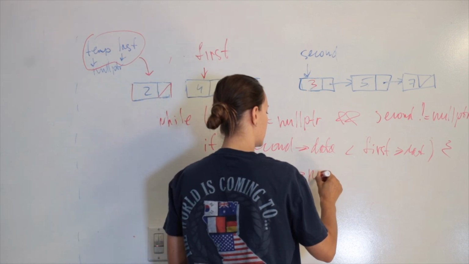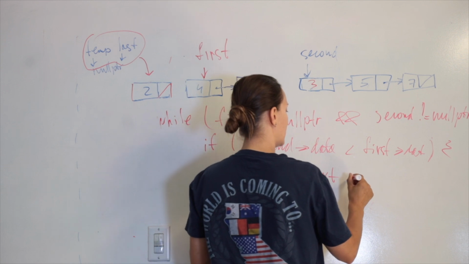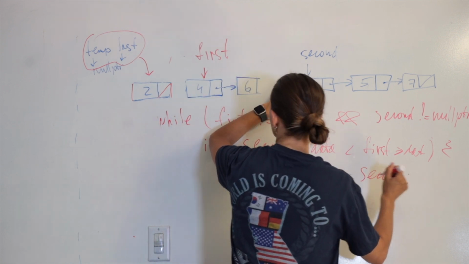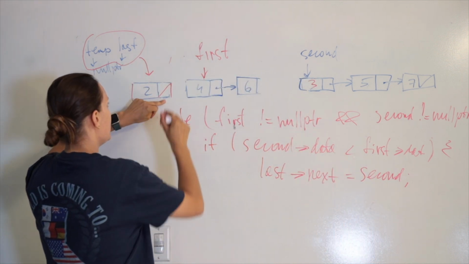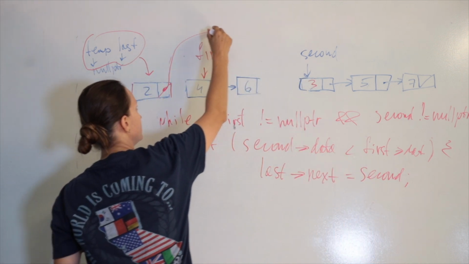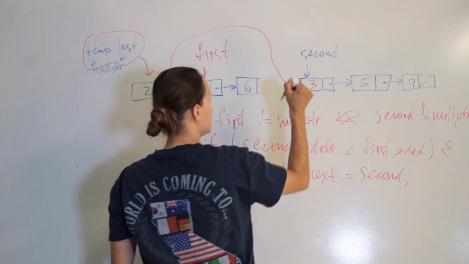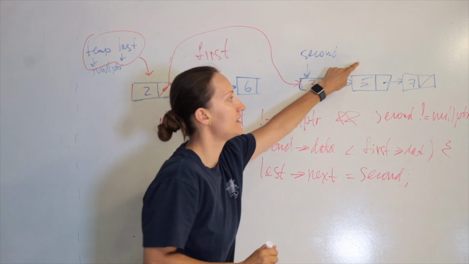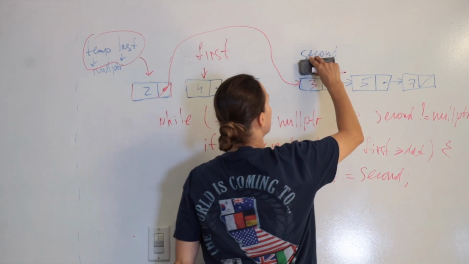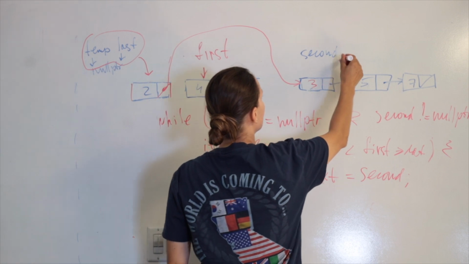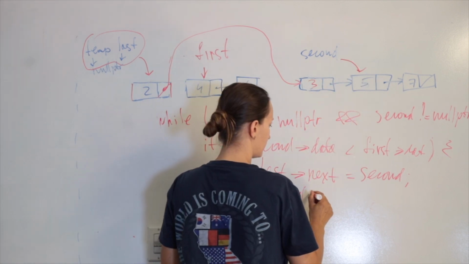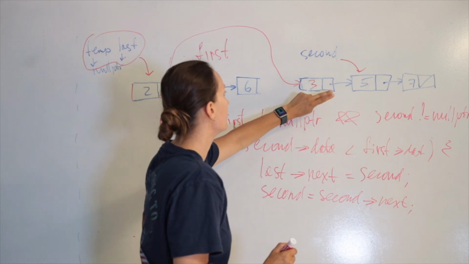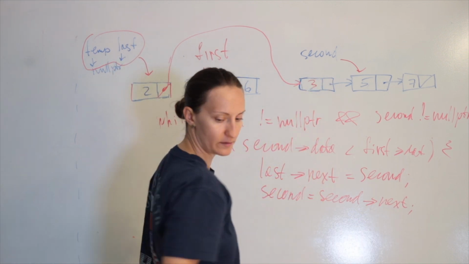Last next equals second in this case. Last node points here. We'll have to link it with this node. Let's move our head to the next node. Second equals second next. Make this node point to the null pointer.